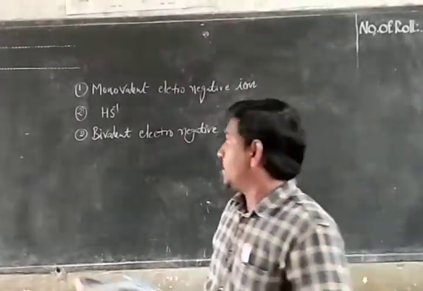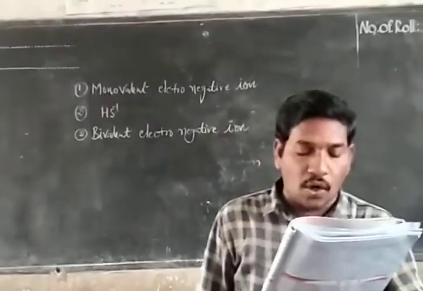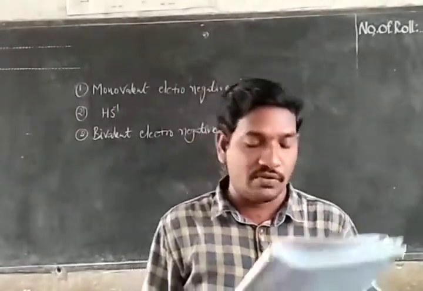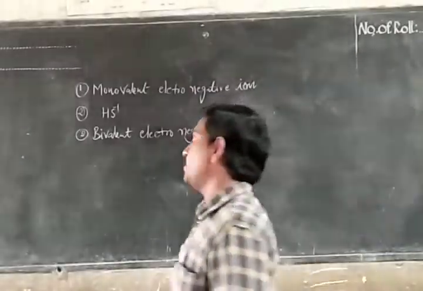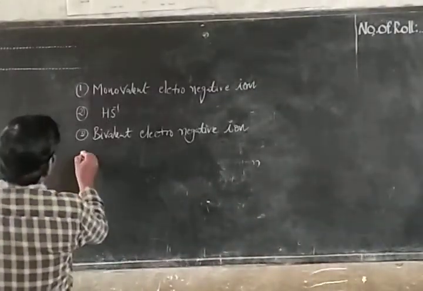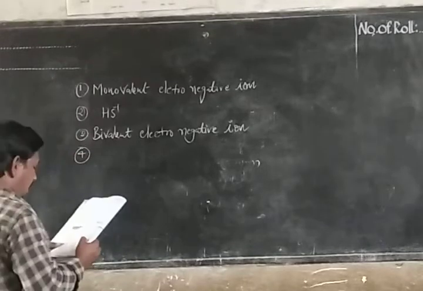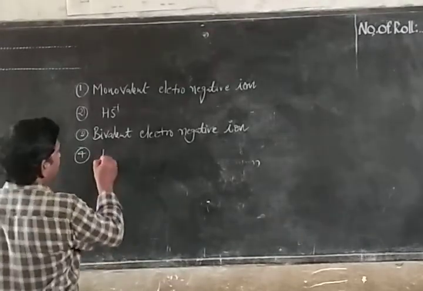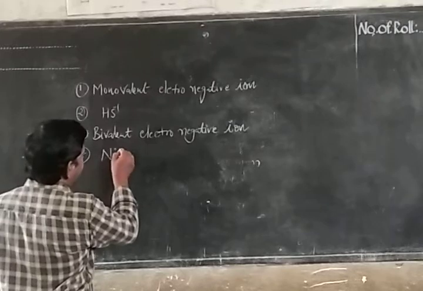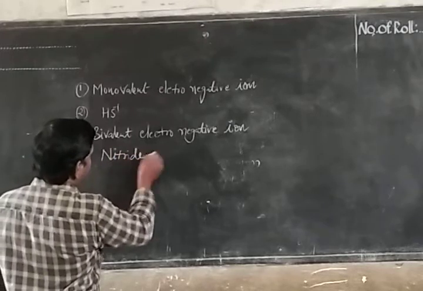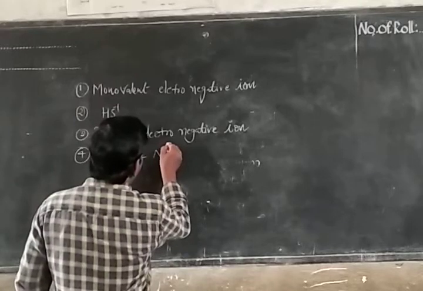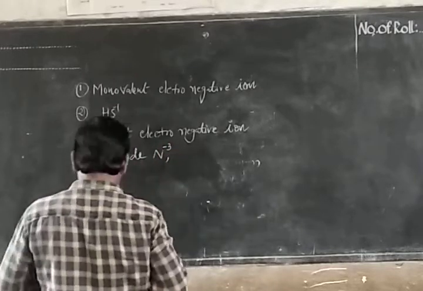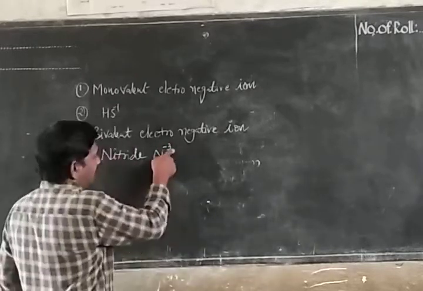Next, fourth one. Which of the following ions are trivalent? Trivalent means valency three. Nitride, N minus 3.